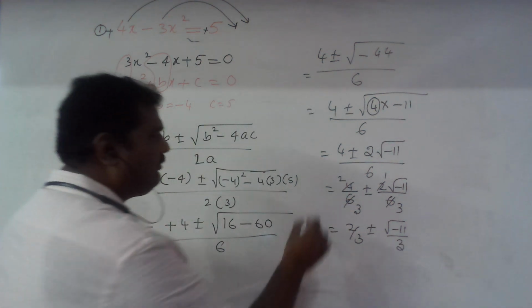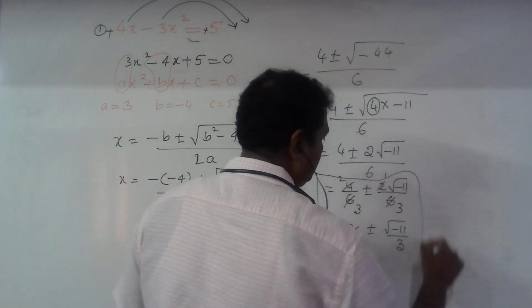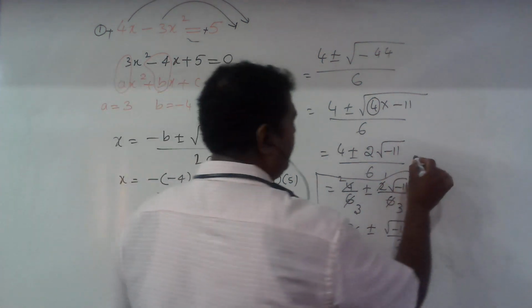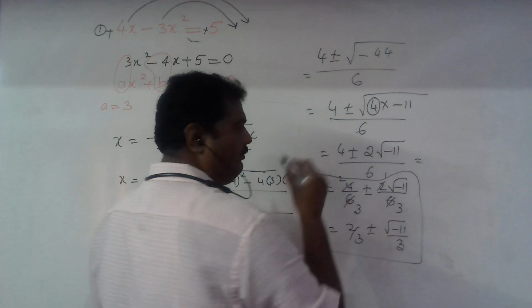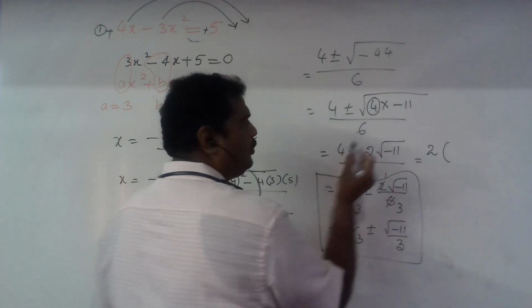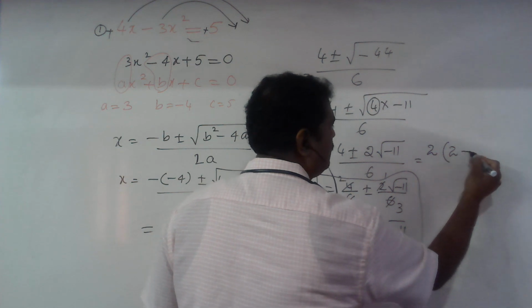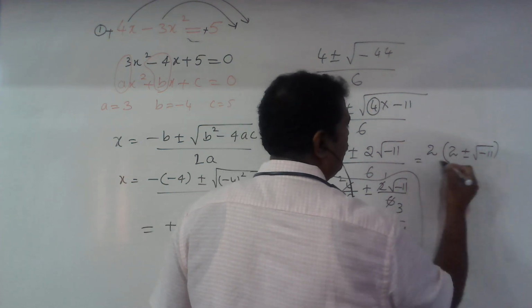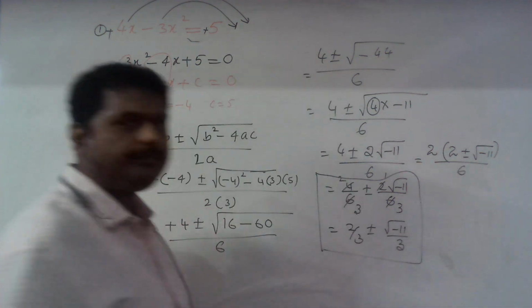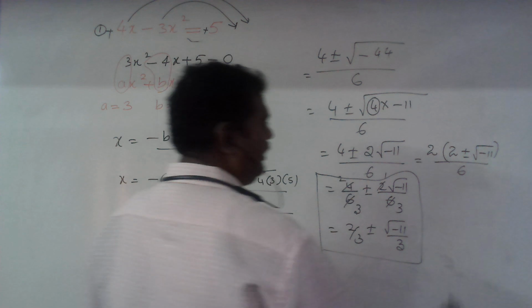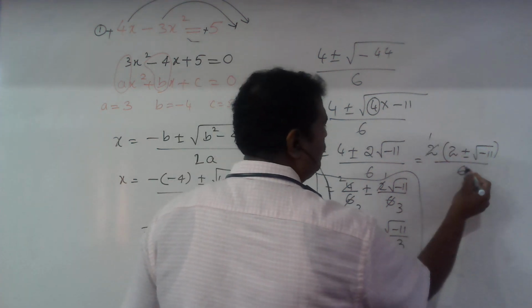Instead of this, you can also do it this way. See, for 4 and 2, you have a common 2. If you take out the 2, the left out is 2 plus or minus root of minus 11, whole divided by 6. Now the 2 outside the bracket I can cancel, I remove the common 2: 2 1s are 2, 3s are 6.